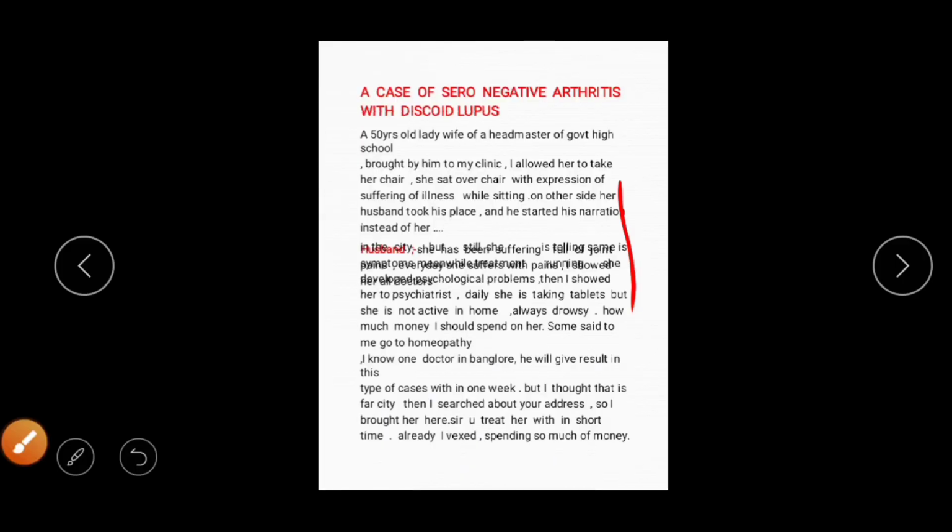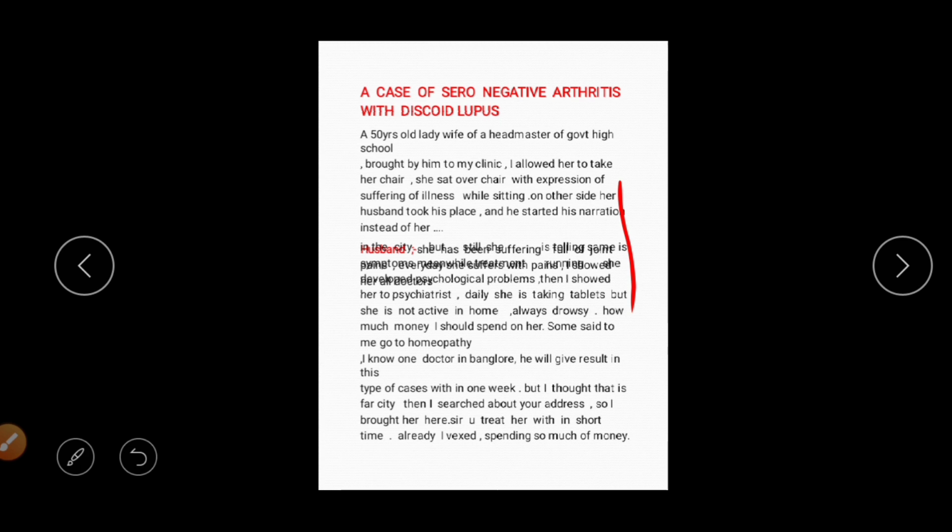So coming to the case, this is the case of seronegative rheumatoid arthritis with discoid lupus. First of all, I would like to say the whole case. This is not a traditional case sheet.